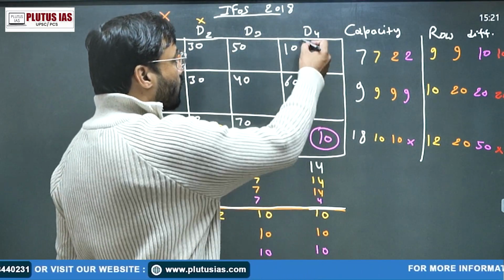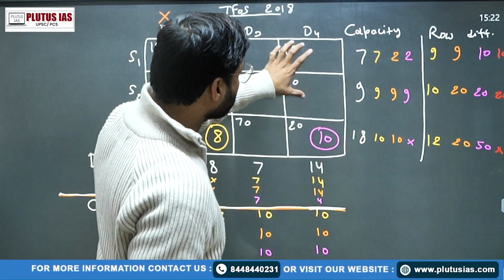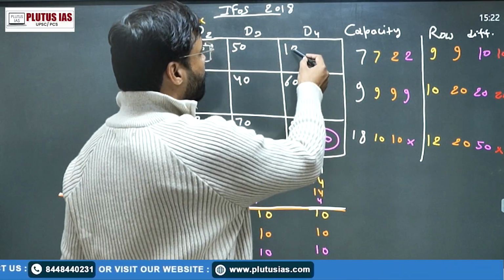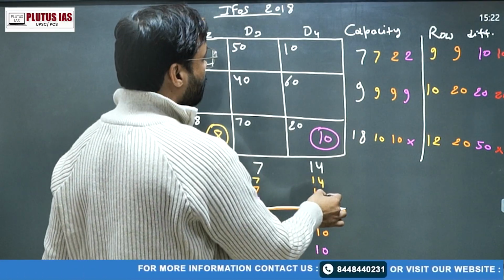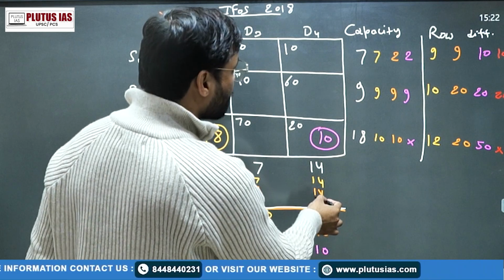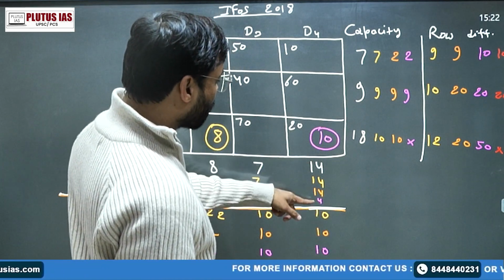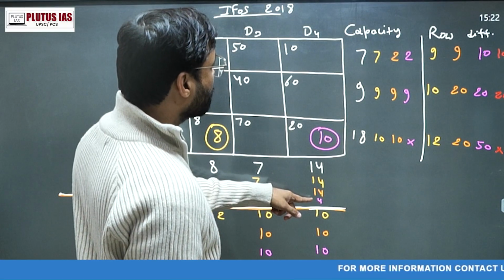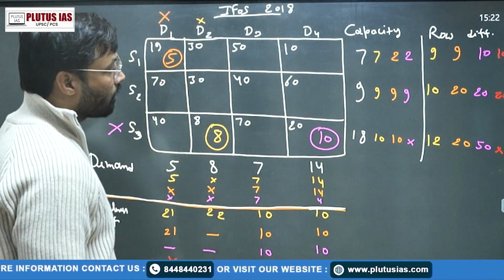So in this column we have to allocate as much as possible. In these two, which one is the minimum? 10 is the minimum, and here 2 is the capacity, and demand is 4. 5 allocated and 10 allocated. Something we are missing.